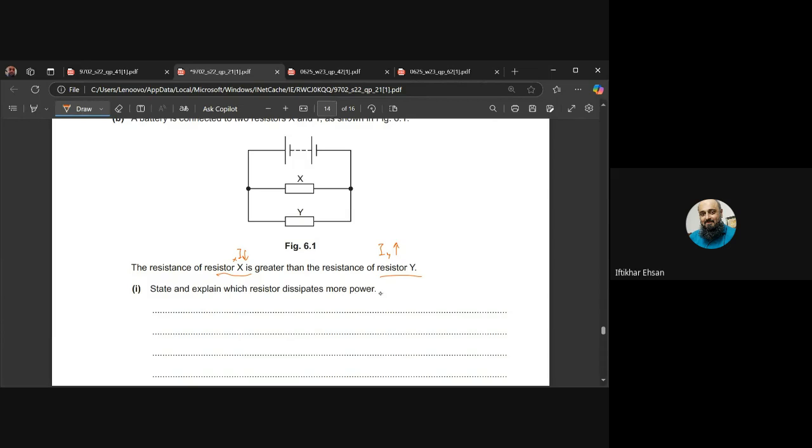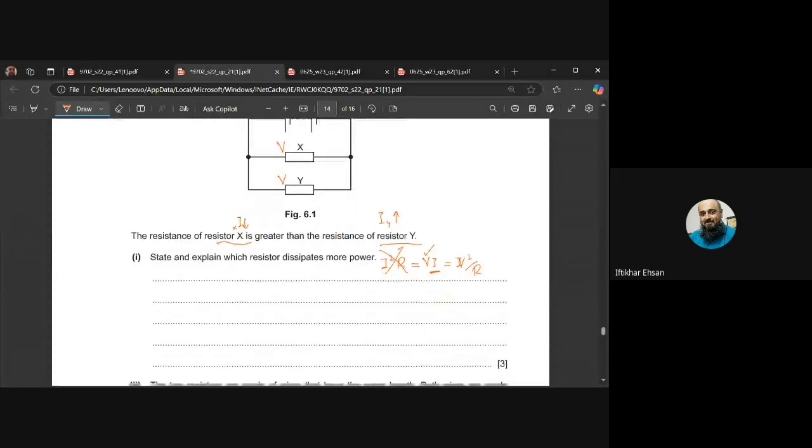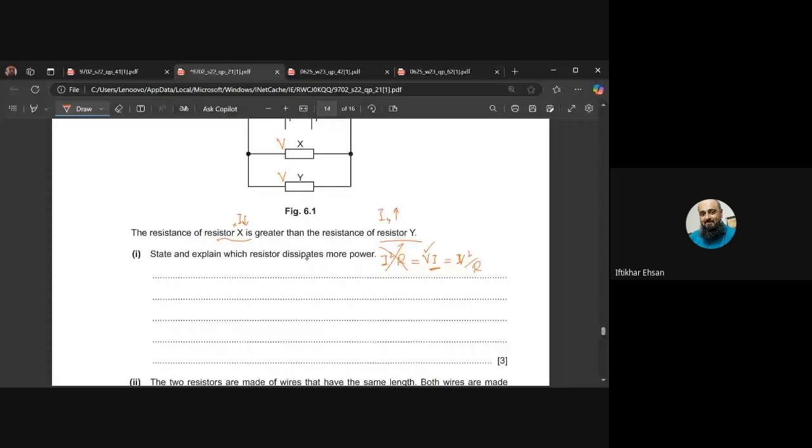So beta, power dissipation depends on I square R. There is another formula VI, और एक है V square over R. बेटा पैरेलल में वोल्टेज सेम होगा, जो वोल्टेज जिसको मिल रहा है वो इसको मिल रहा है. इसका मतलब अगर हम करंट को कंपेयर करें, जिसकी रेजिस्टेंस ज्यादा होगी करंट कम होगा, तो दो चीजें चेंज हो रही हैं, तो दैट डज नॉट गिव अस गुड आइडिया. लेकिन हमें पता है वोल्टेज दोनों के लिए सेम है, तो ओनली करंट will decide. तो हम देखते हैं कि according to power dissipated VI, both will have same voltage, but the resistor Y will have larger current.